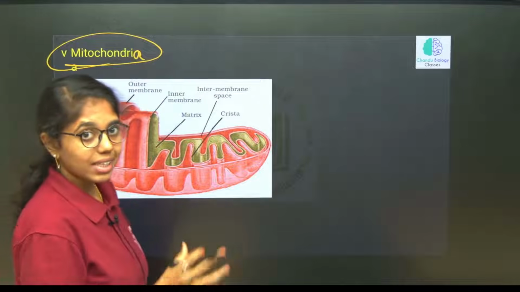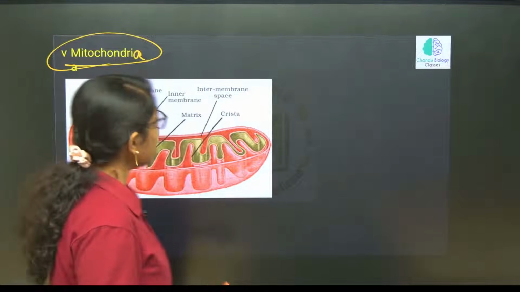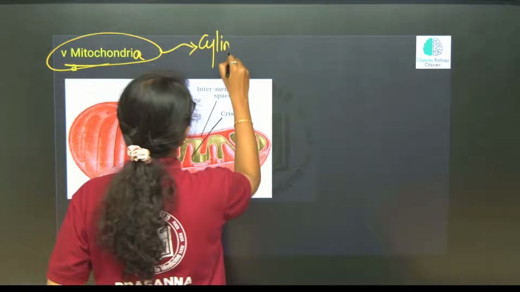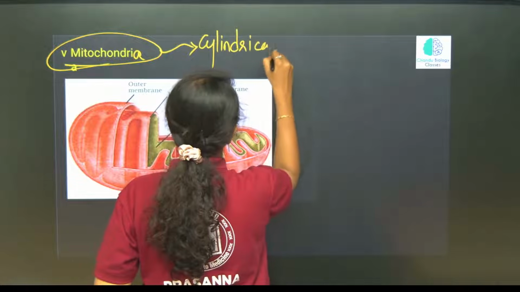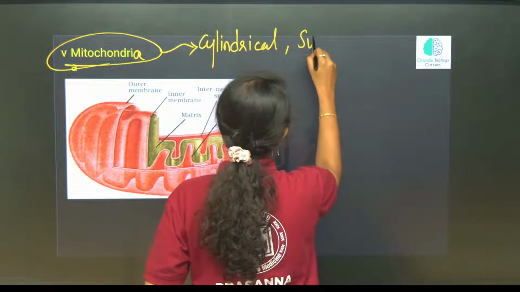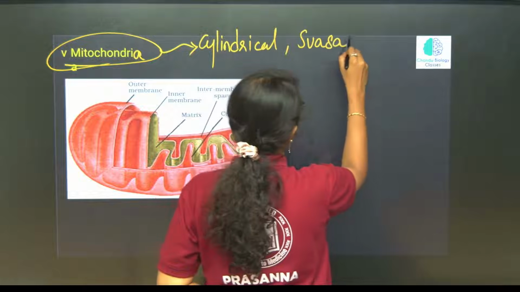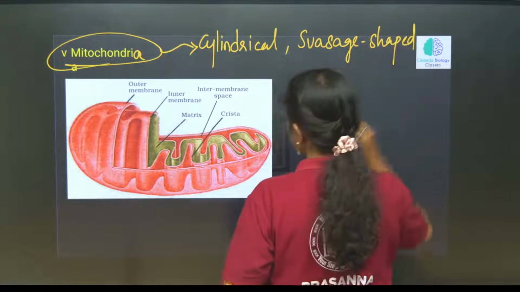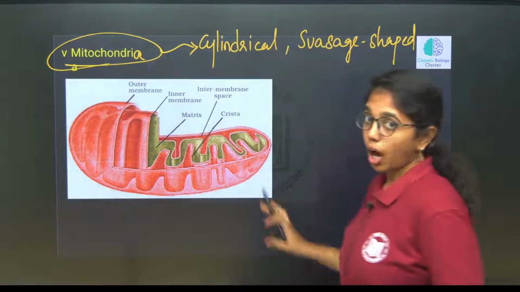Mitochondria, if you have to describe its structure, we can say mitochondria is a cylindrical, sausage shaped organelle.